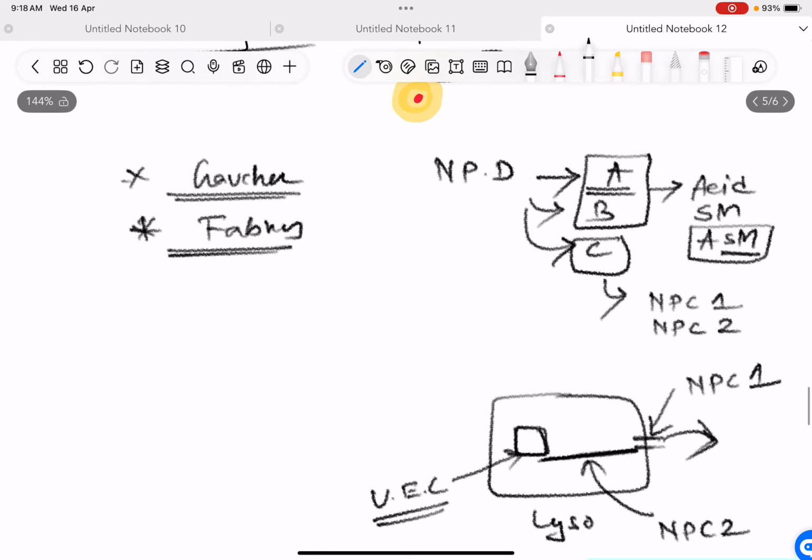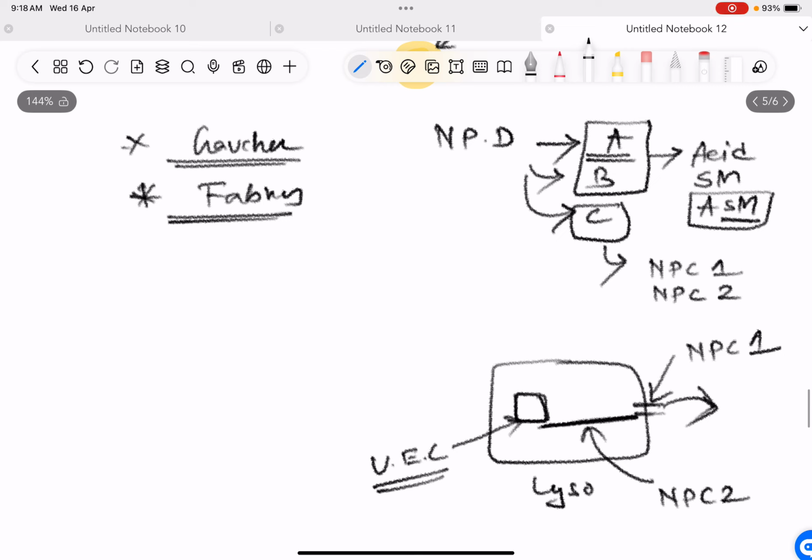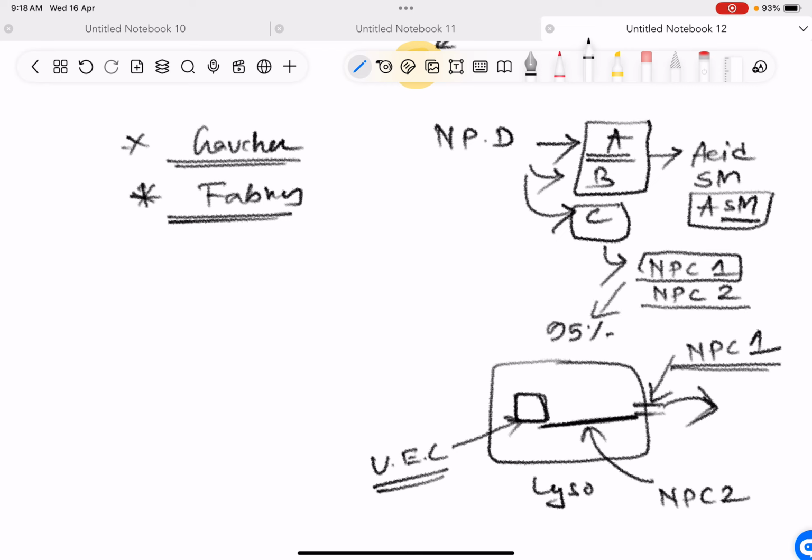Mostly in Niemann-Pick disease type C, the defective gene is NPC1, the gene producing the transporter protein. This is mutated 95% of the time. 5% of the time it can be due to NPC2 gene mutation. So I hope you are clear about Niemann-Pick disease type C, type A and type B. Type A and type B are due to enzyme deficiency.